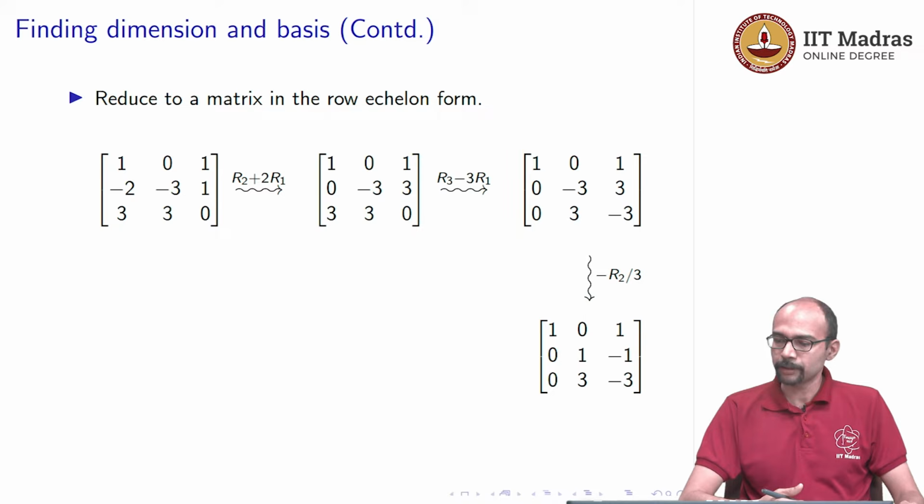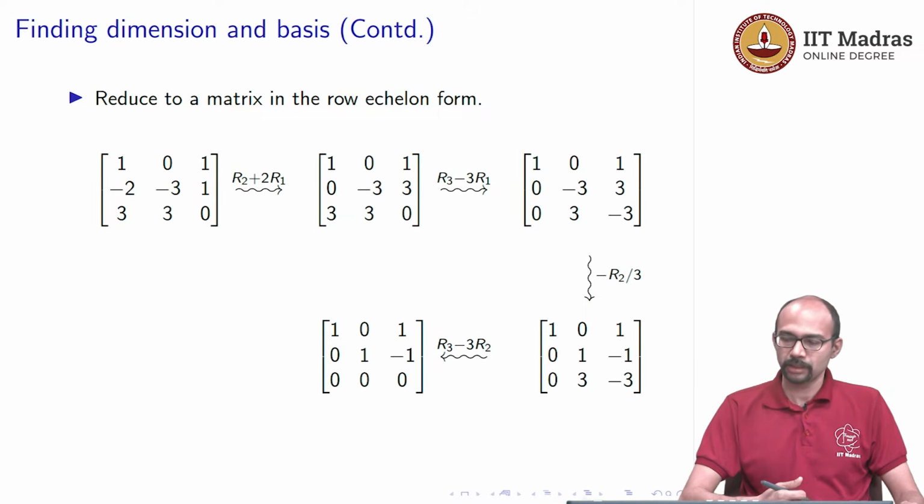We now want a 1 in the (2,2) position if possible, and indeed it is possible, by dividing the second row by -3. So, we get (1, 0, 1), (0, 1, -1) and (0, 3, -3). Then we sweep out the remaining entries in the second column below the 1.